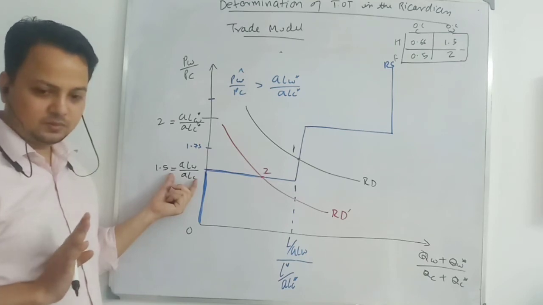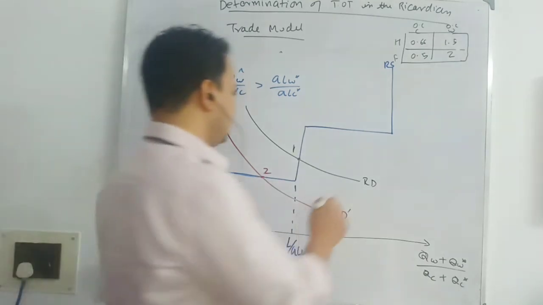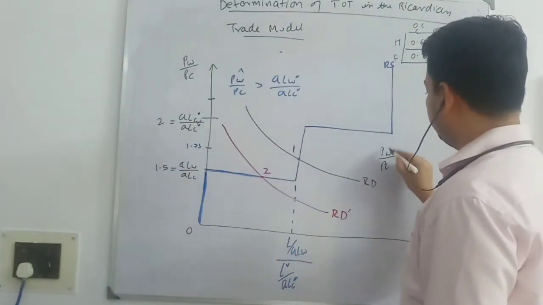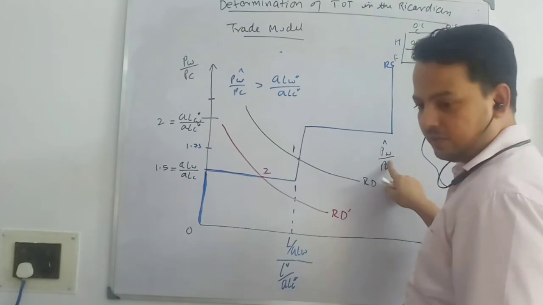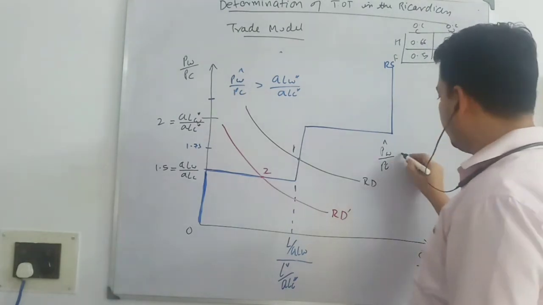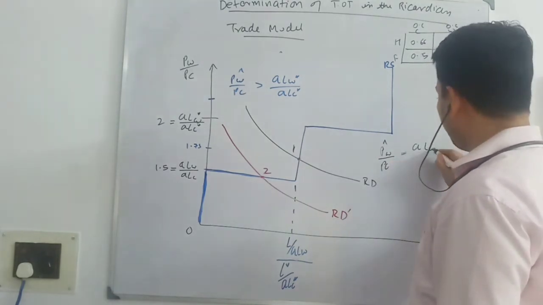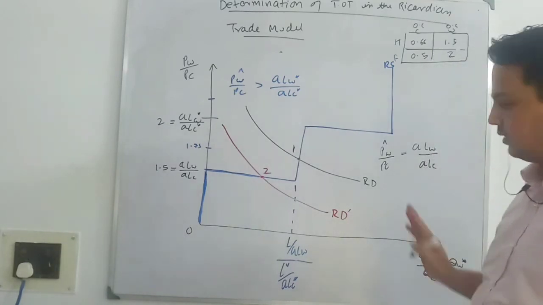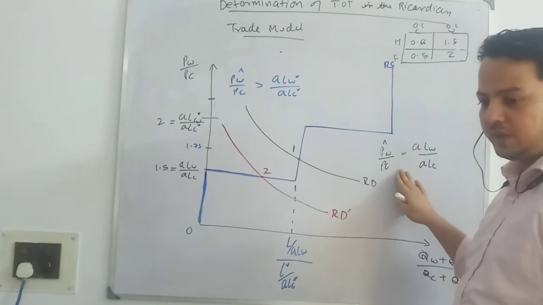Yes, no? Okay. So what am I getting? PW by PC hat, the terms of trade that we have, is equal to the opportunity cost of producing wine in the home country. So what will happen in the home country?